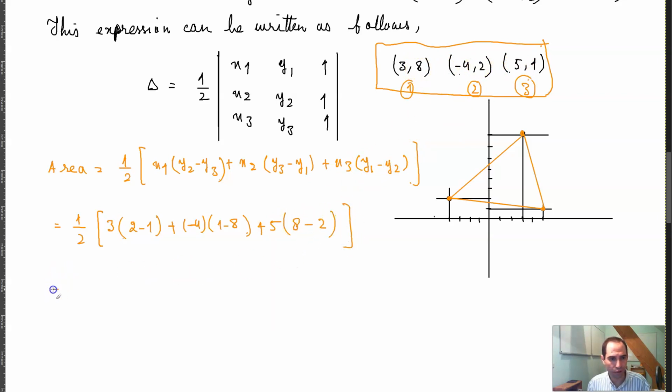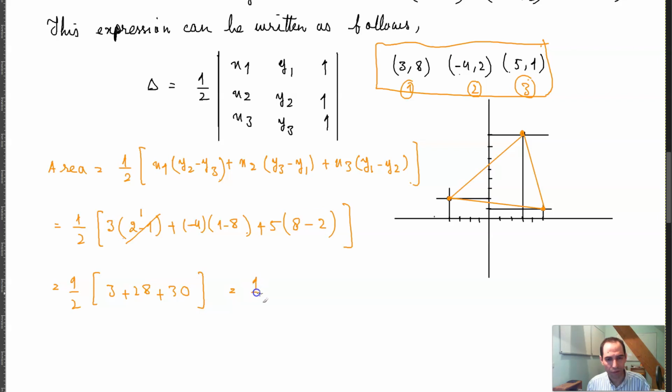And then if you calculate this, you will get 1/2 times, for example, 2 minus 1 is equal to 1, so that's a 3. 1 minus 8 is -7. -7 times -4 is equal to positive 28. And 8 minus 2 is equal to 6. 6 times 5 is equal to 30.